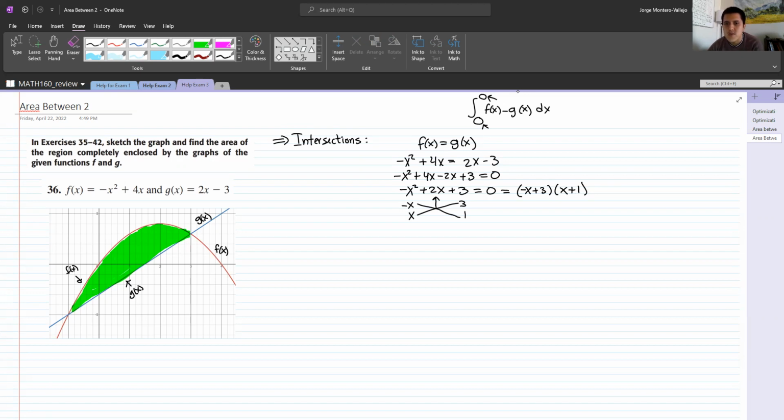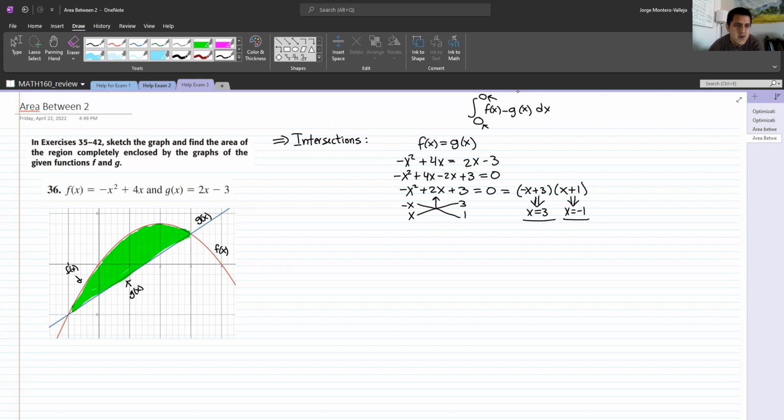We set each equal to 0, and what do we get? This gives us x equals 3, right? Minus x goes to the other side with positive sign, so x equals 3. And then x plus 1 gives you that x is equal to -1. Okay, so these are your two solutions, and they show up on the graph, right?